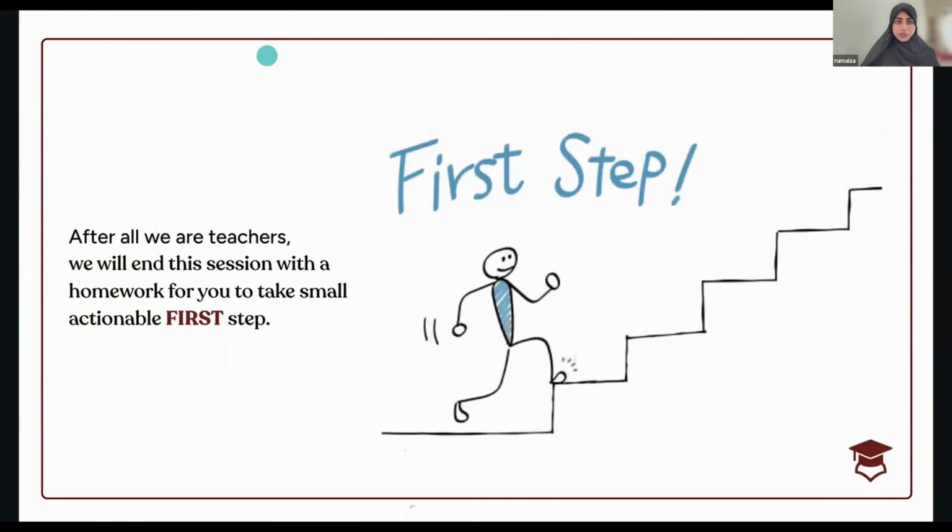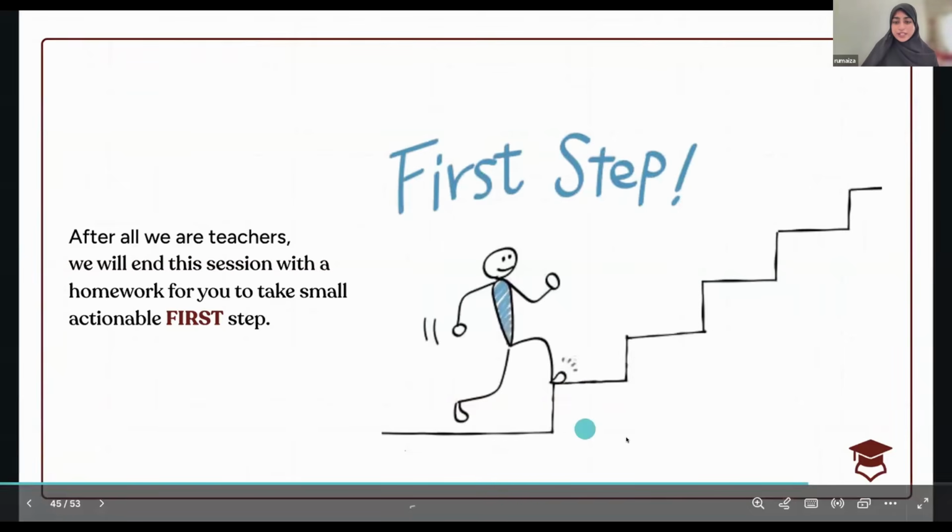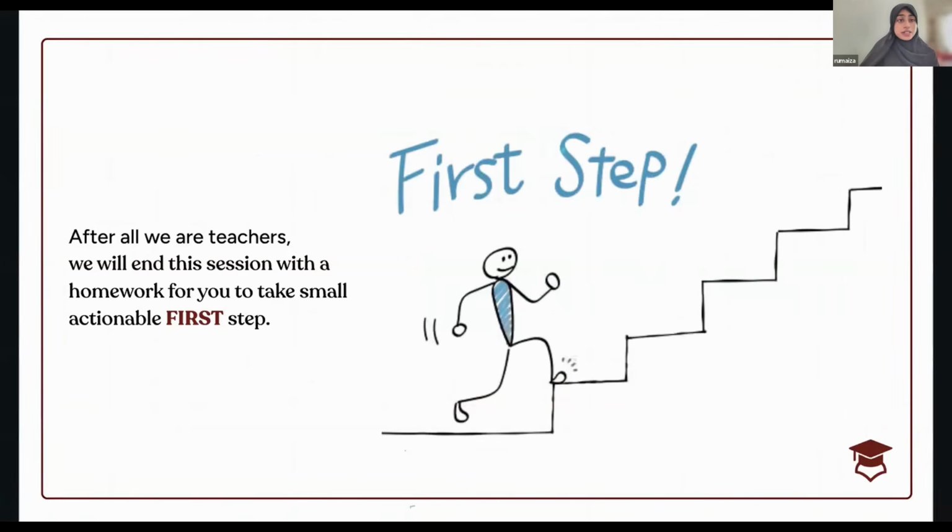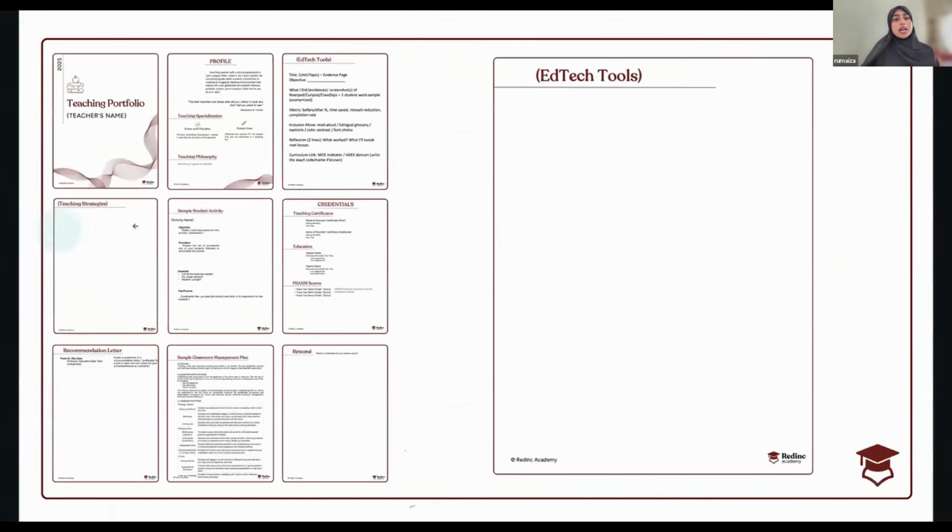I'm really sorry. So before the Q&A session, as we are teachers, we would like to give you all a homework, and I would like to do the homework by myself as well. This is because having a social portfolio is also really important. A social image is really important for you to show your credentials as a teacher.